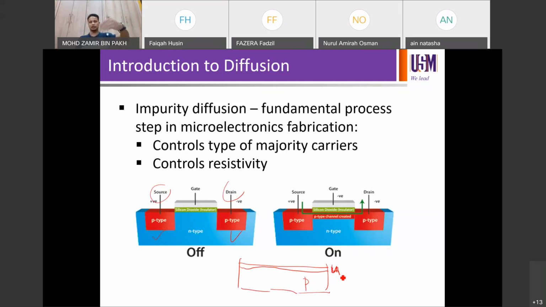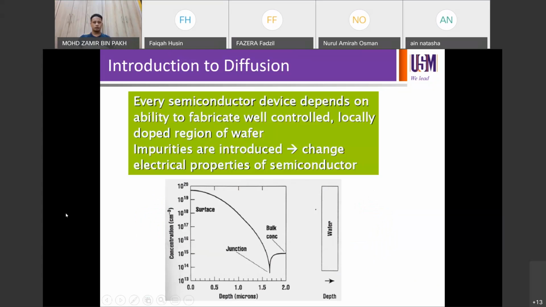This is particularly for solar cell, but the one that we were talking about now is for CMOS, right? Next, every semiconductor device depends on the ability to fabricate well-controlled, locally doped regions of impurities. In fact, if you talk about solar cells, there are some cases where you also have to introduce a heavily doped region.